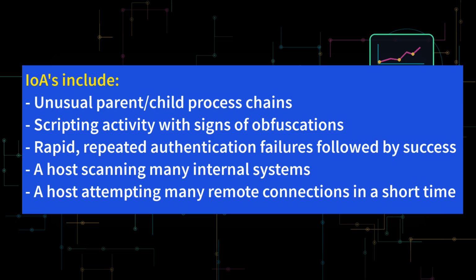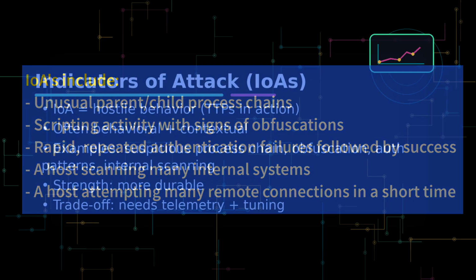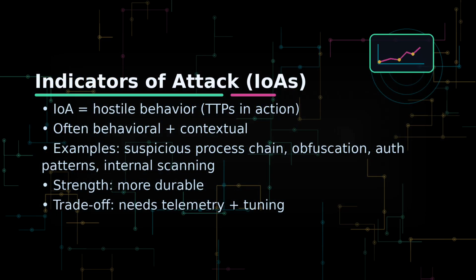A host scanning many internal systems, or attempting many remote connections in a short time window. IoAs are harder for adversaries to evade because they represent behaviors and TTPs. However, they often require richer telemetry, correlation, and tuning to manage false positives.